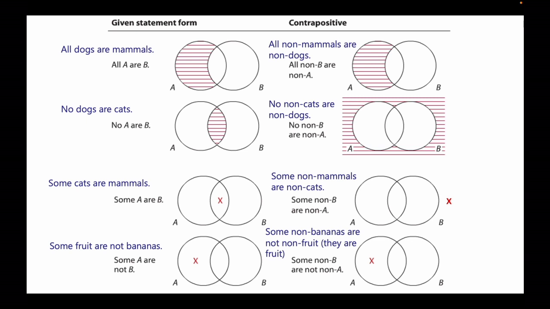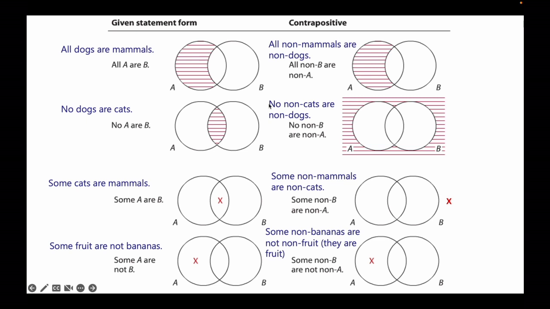But you notice that here the truth is not preserved. Now, why do I shade the outside area? Remember, the outside area is area 4.